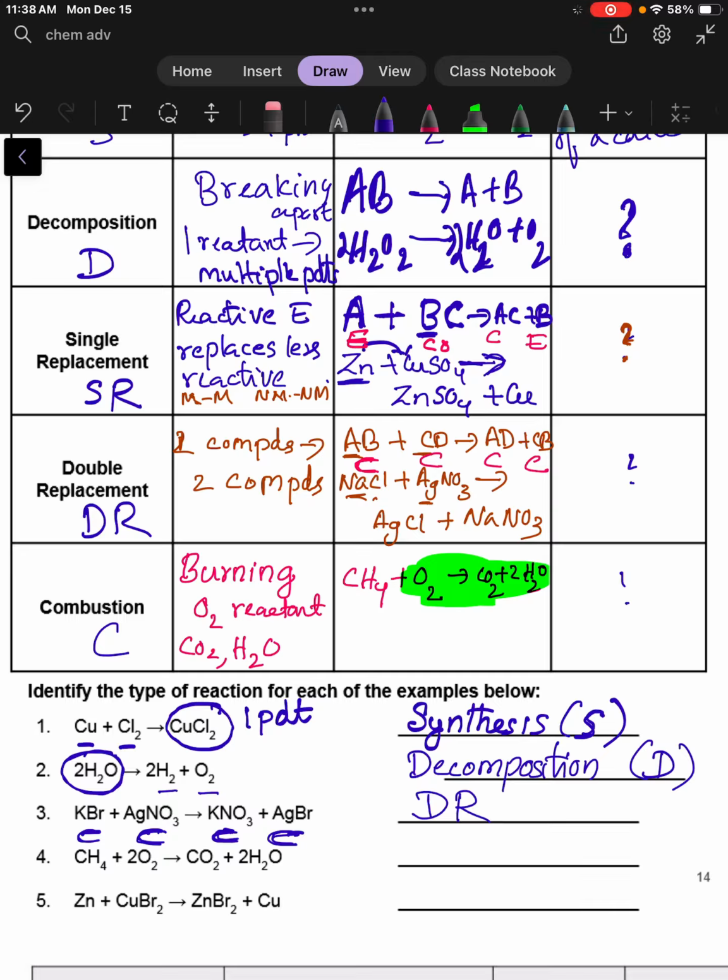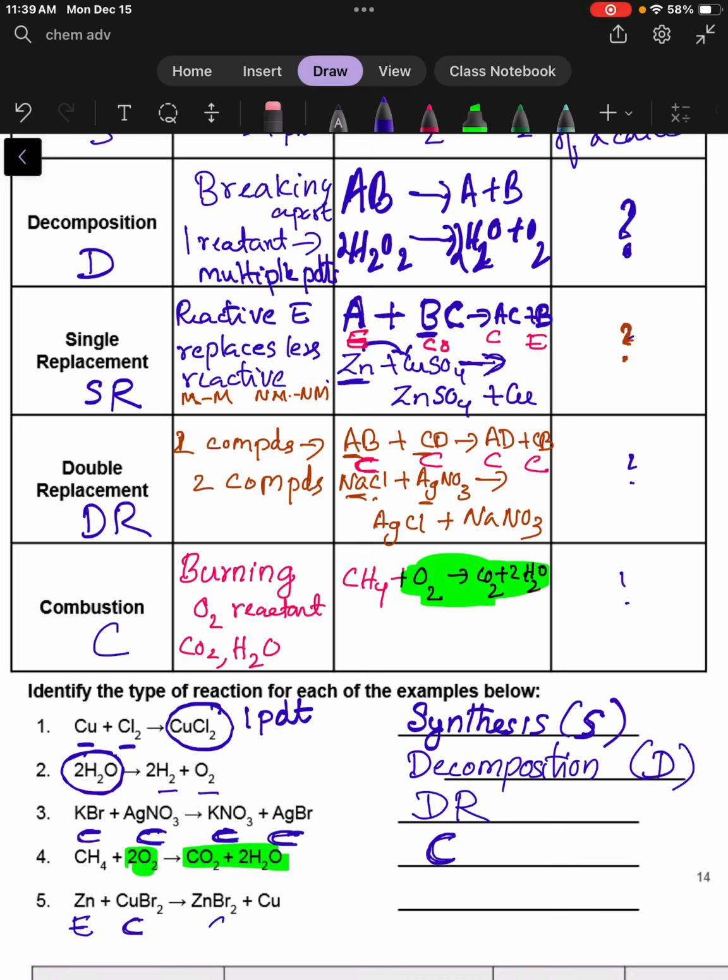Next one, I said if you are seeing CO2 and H2O with oxygen, that is called combustion. And then next one, you are seeing an element here, a compound here, again a compound and an element.